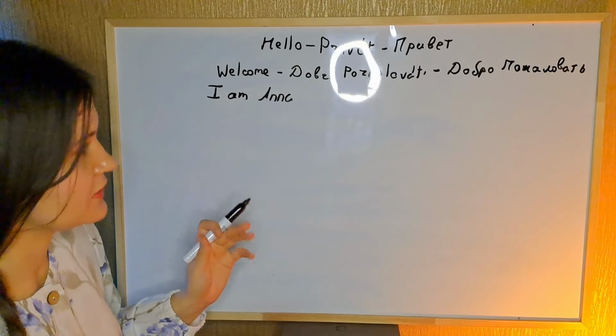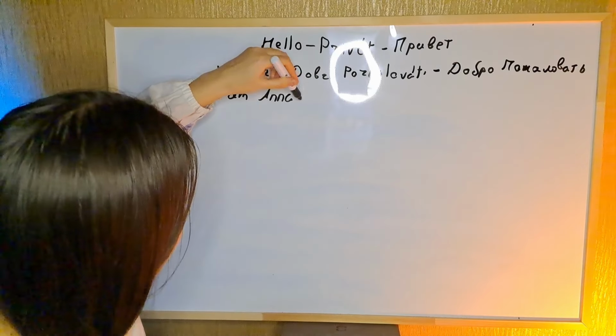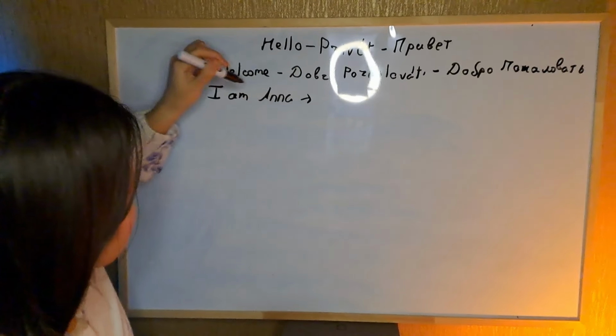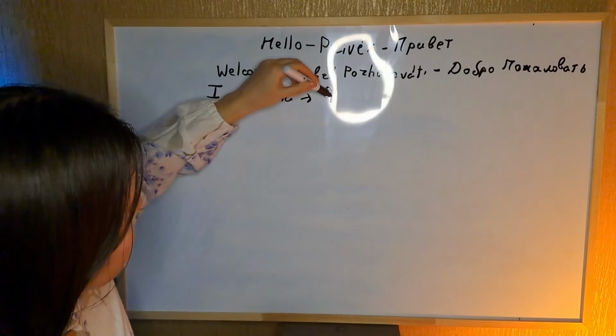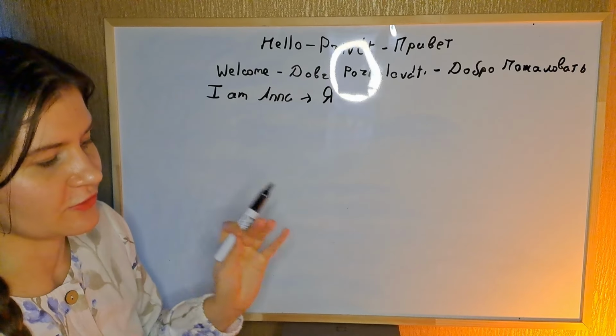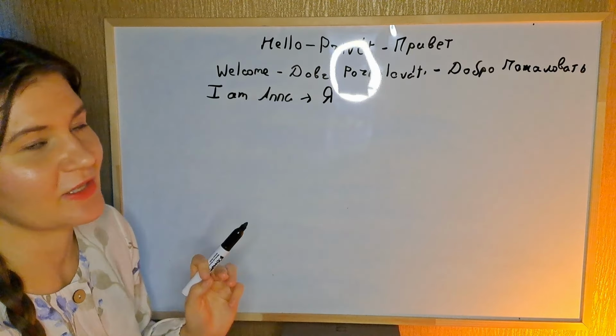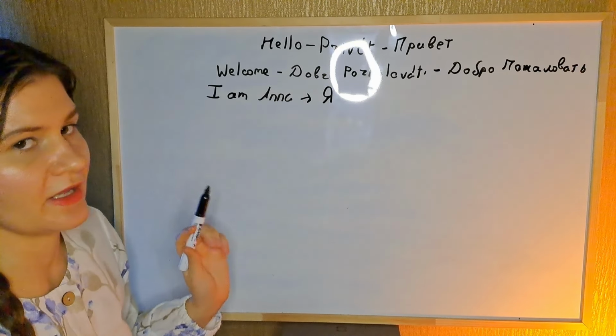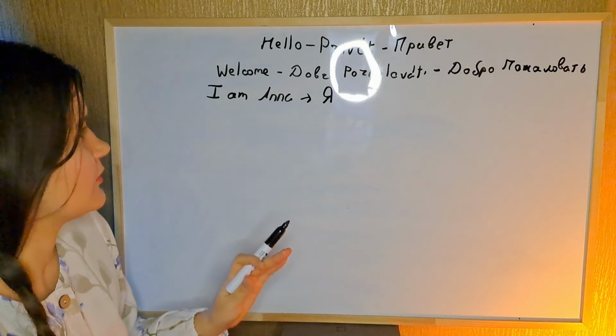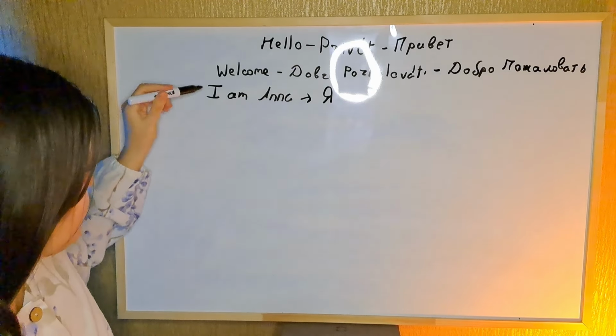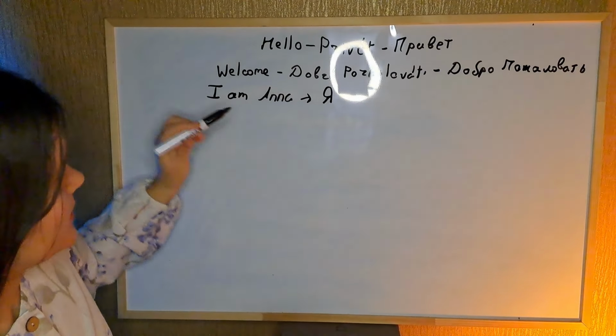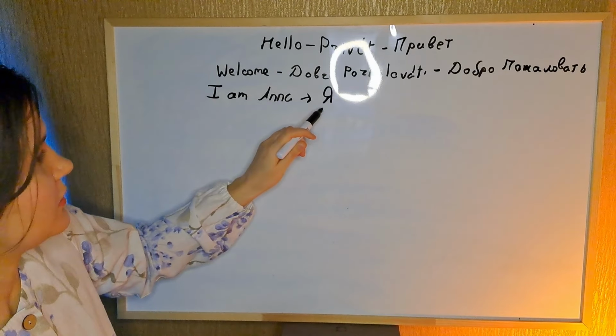We don't need it in Russian, and that's a good news. How to say I? This is я, which I already told you in video about Russian alphabet, that it's the last letter of the alphabet, which is я, and which means I. So it's also just one letter from the English alphabet, and this is the last letter from the Russian alphabet.